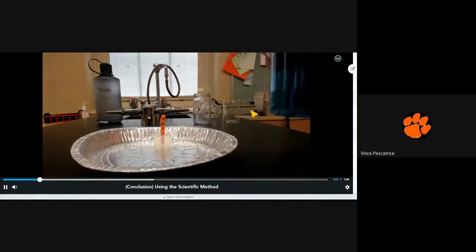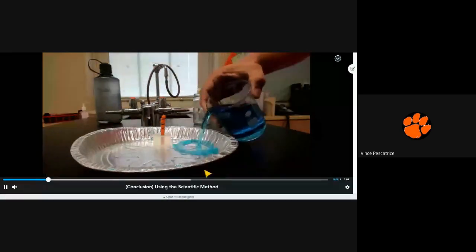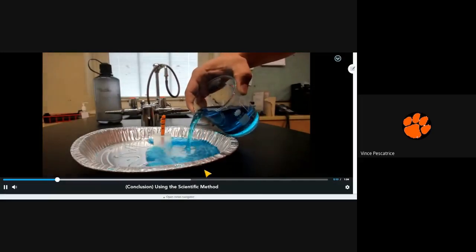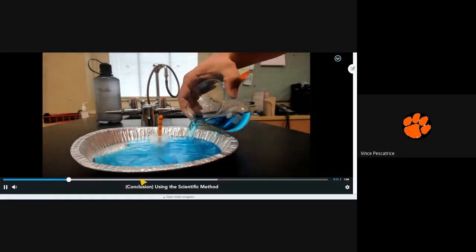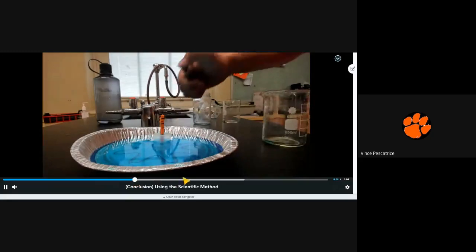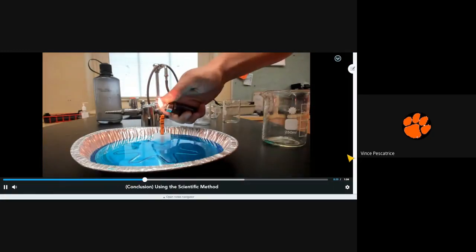All right, so first off is changing the color. So I have 250 milliliters of blue water. I fill up the dish and then light the candle.